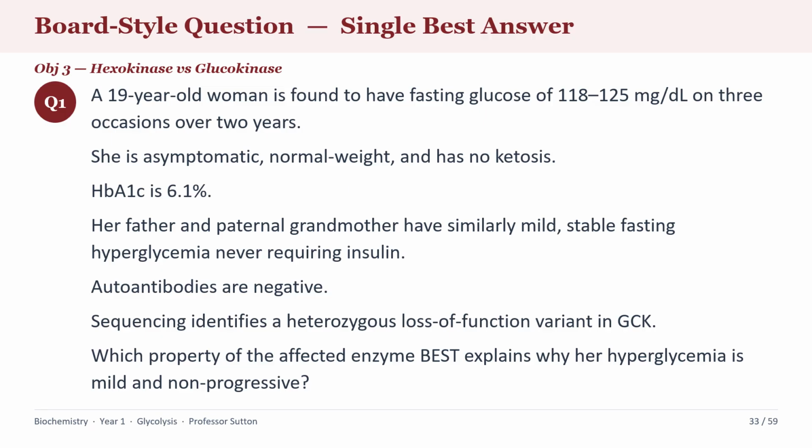Father and paternal grandmother with the same mild, stable picture, never treated with insulin. Autoantibodies negative. Sequencing shows a heterozygous loss of function variant in GCK. Which property of the affected enzyme best explains why her hyperglycemia is mild and non-progressive?